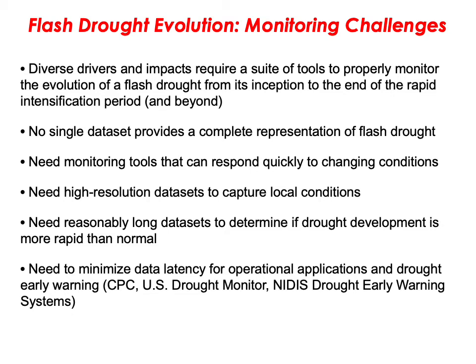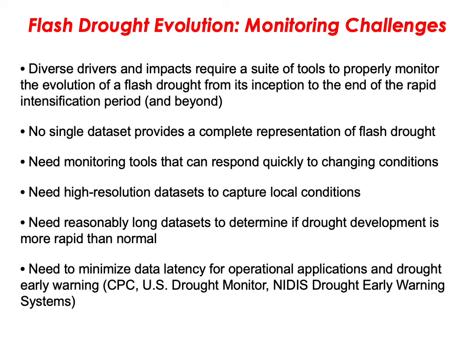to other data sets. We also need to use data sets with a reasonably long period of record so that you can have a proper understanding of what is normal for a given location and time of the year in order to determine whether or not the rate of intensification that you're seeing is truly more rapid than normal.